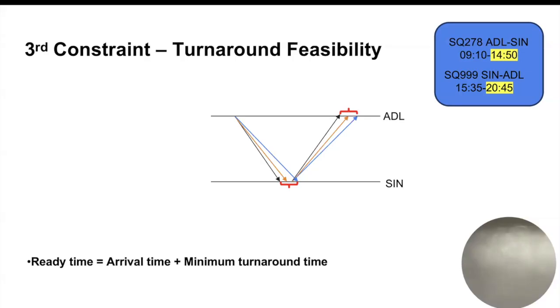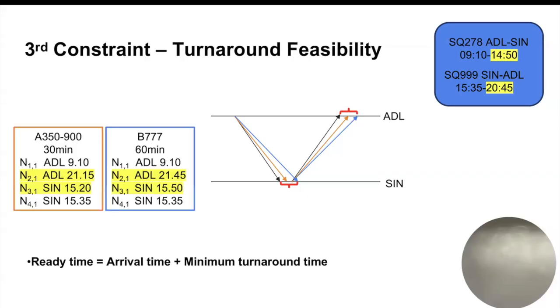These constraints reflect real-world operations. In the model, this turnaround time is incorporated into the node structure, where each node represents an event at an airport at a specific time. Different aircraft types will have different node structures because of different minimum turn times.